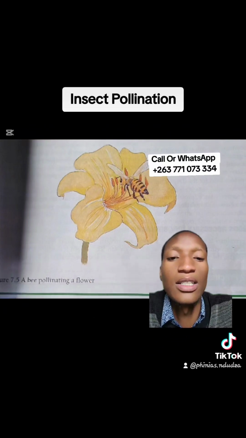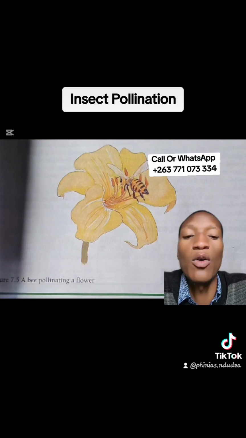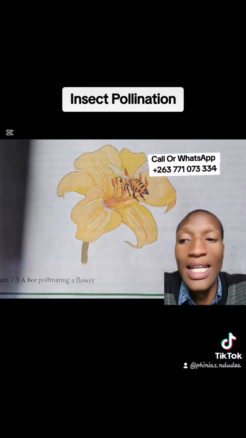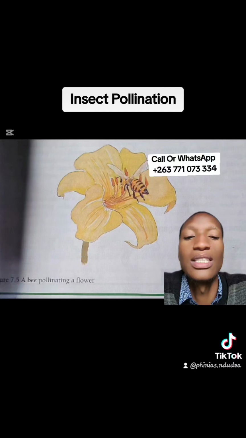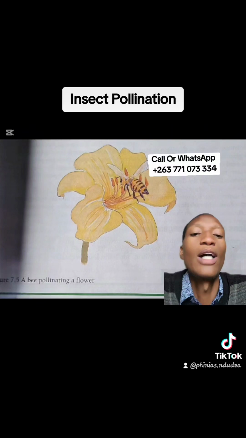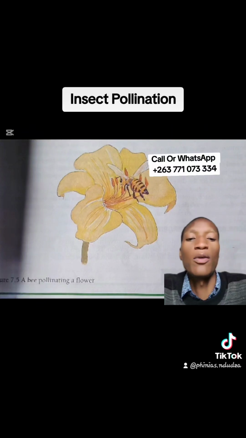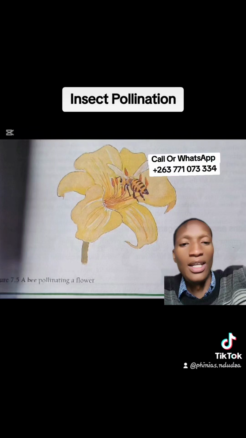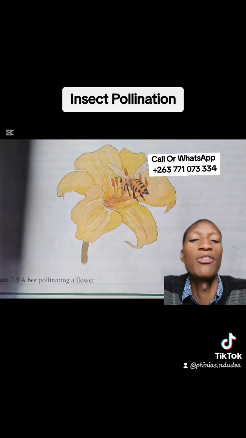Then after that, cross pollination. It is when insects transfer pollen grains from the anther to the stigma of a flower of a different plant but of the same species. What I am trying to say is, you have a mango tree in your yard, and your neighbors also have a mango tree.